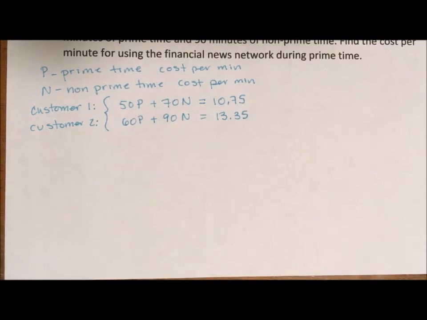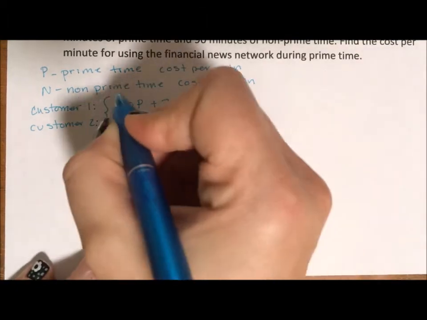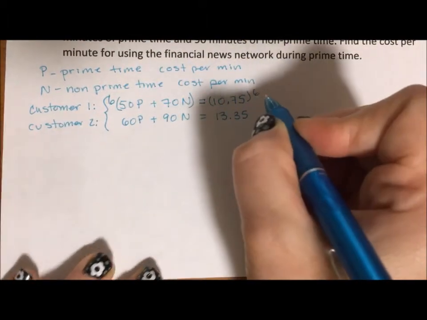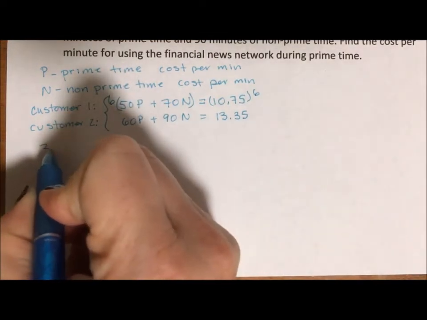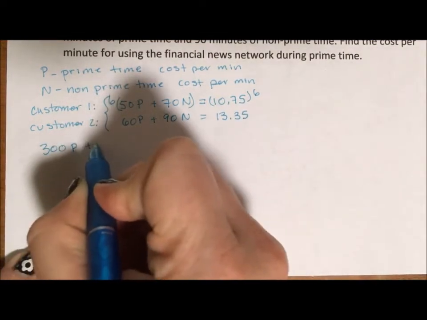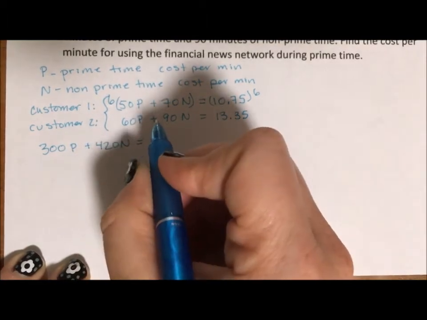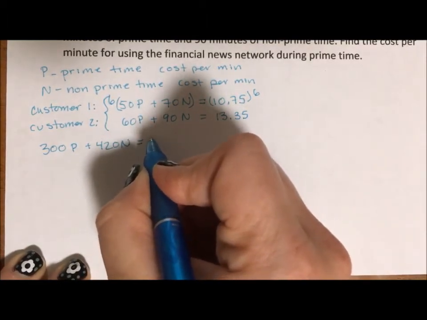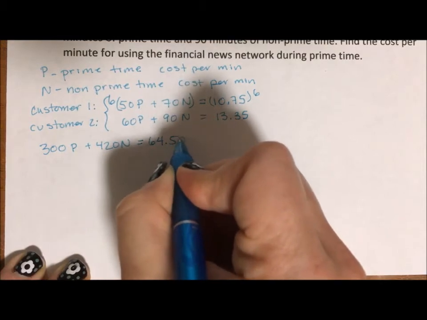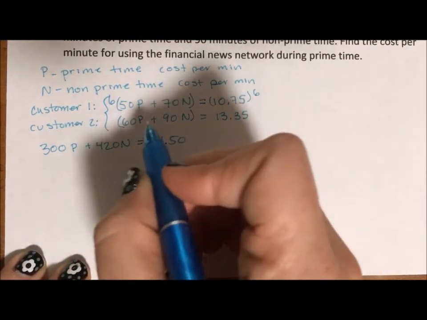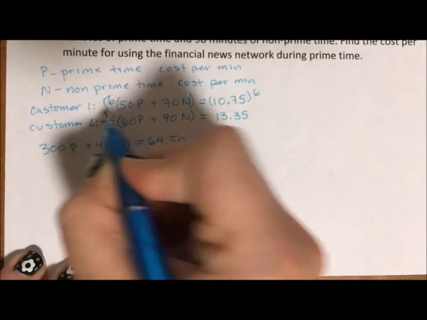To get the 50 and 60 to be the same, I'm going to multiply my first equation through by 6. If I multiply it by 6, I'm going to get 300P plus 420N is equal to 6450. Now, I'm going to multiply the second equation through not just by 5, but by a -5.